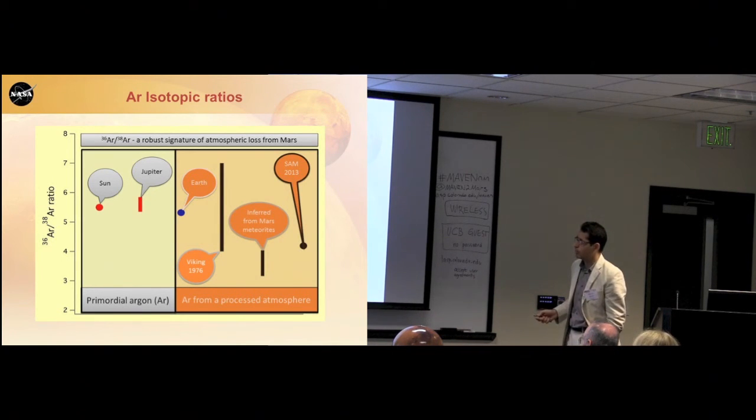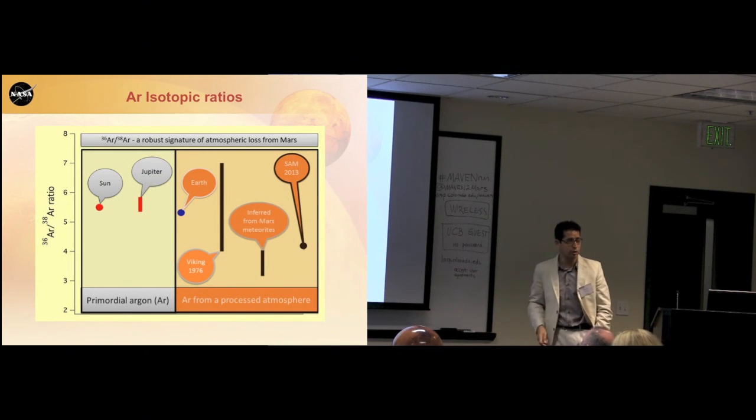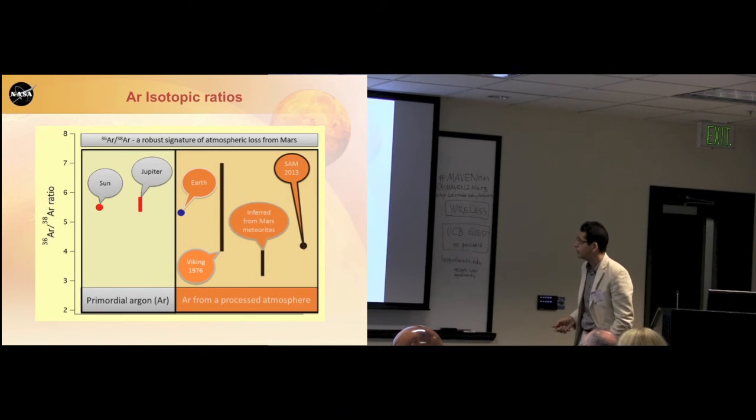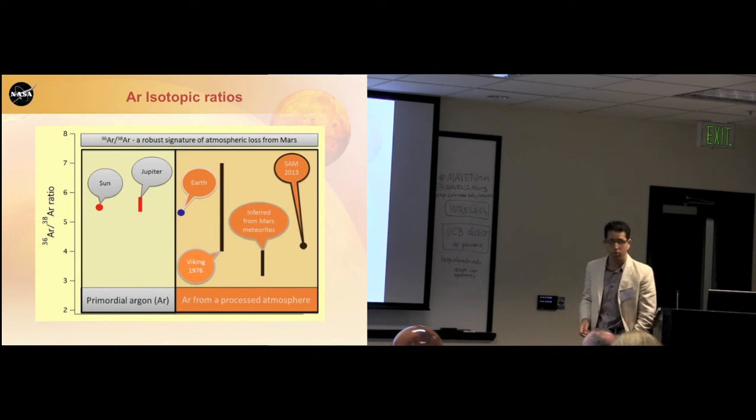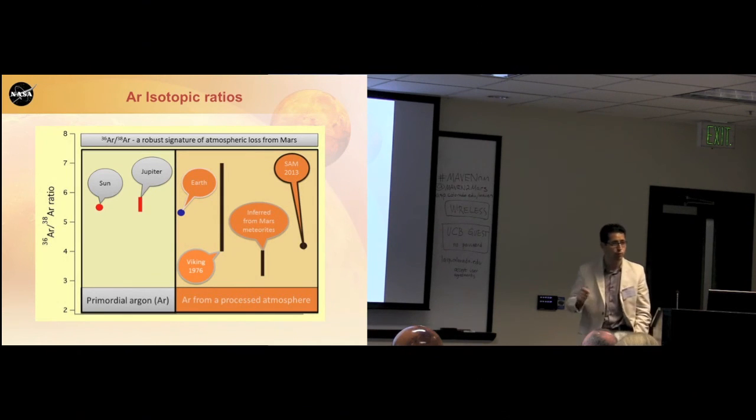We know the ratio in the Sun; we measured the ratio at Jupiter with the Galileo probe. We know the ratio at Earth, and they're all fairly consistent around 5.5. The Viking value had a humongous error bar, so that was not really conclusive. And the meteorite pointed us toward an atmosphere that's more enriched in the heavy argon-38, and SAM actually confirms that value.